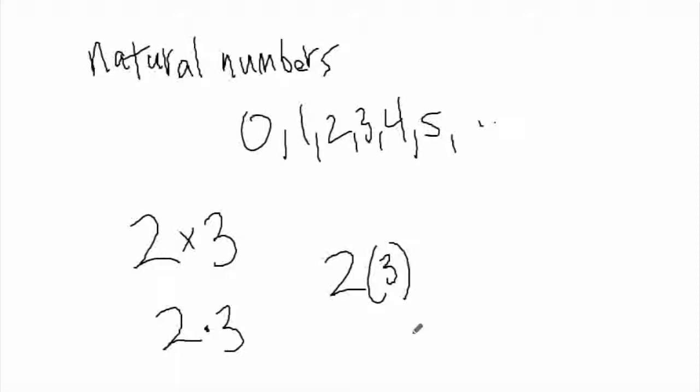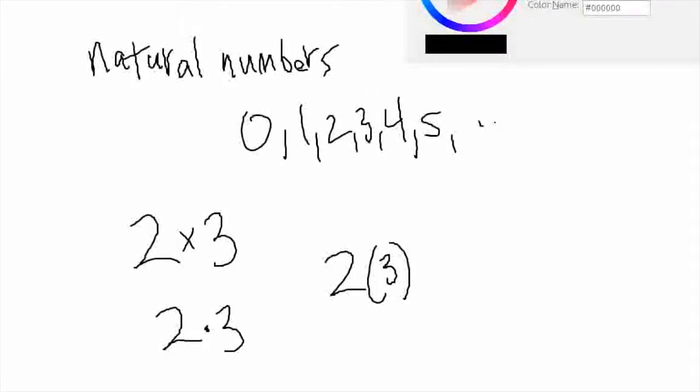Okay, what is multiplication? You can think of multiplication as an abbreviation for several additions. We all know what addition is by now, hopefully. And so think of 2 times 3.